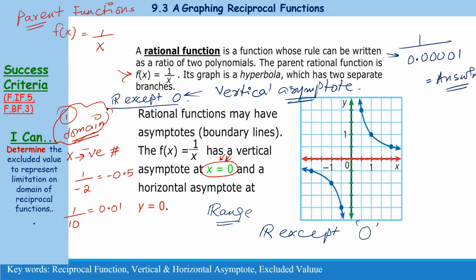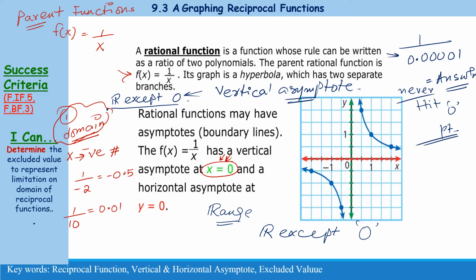But once you put 0, you will not get the answer. It means the function is coming closer and closer to the 0 value, but it will never hit it. So this is the definition of vertical asymptote.